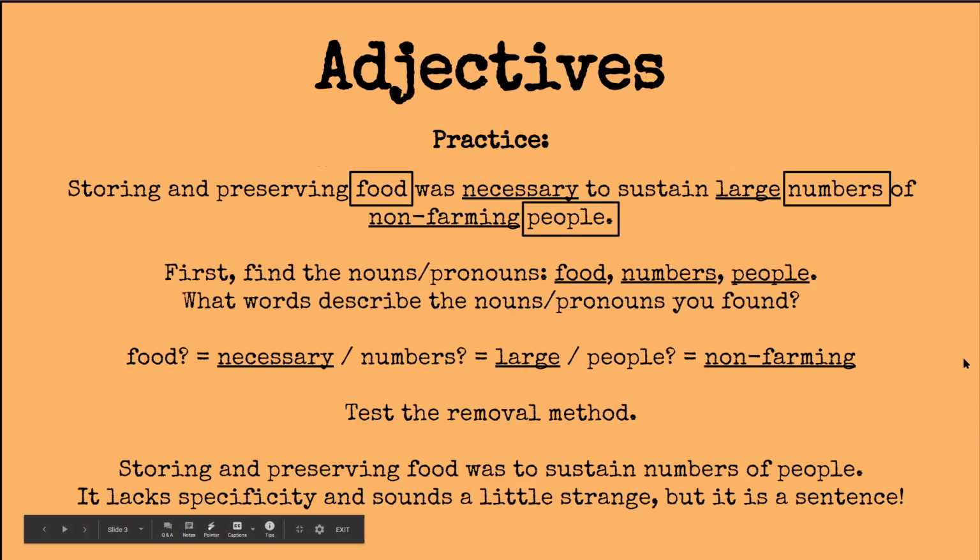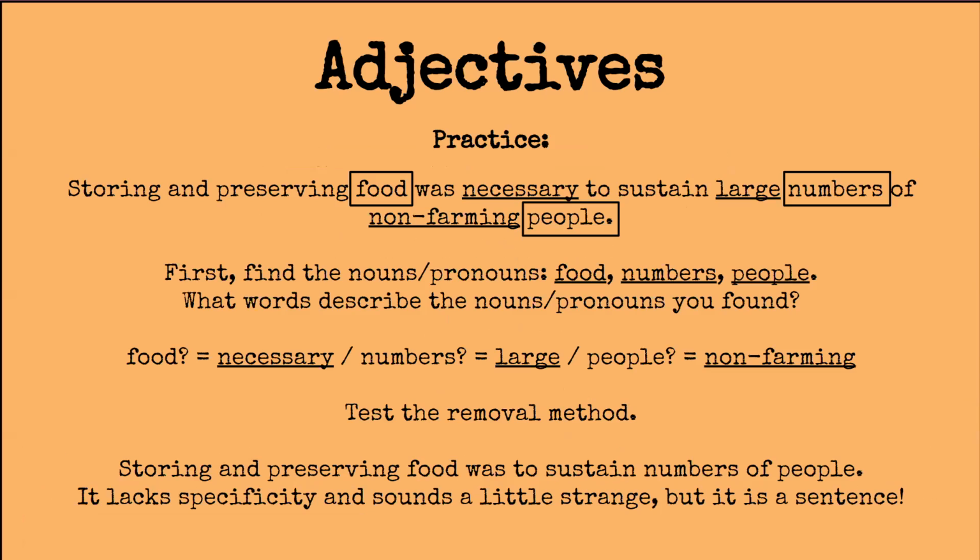So here's one that you had on your assignment last week. Storing and preserving food was necessary to sustain large numbers of non-farming people. Okay, so first, find the nouns and pronouns. What are our nouns and pronouns in this sentence? So if I look through the sentence, I'm looking for the nouns.